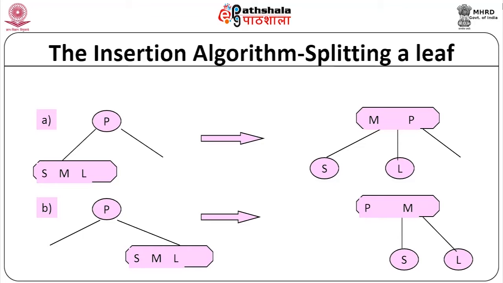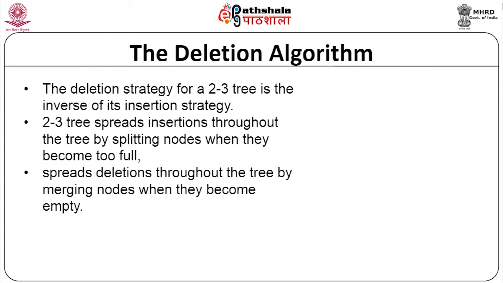No violation of property, done. The next case you have is a right child. Here also no problem because the original parent had only 2 children or 1 value, now you have got it to have 2 values and 3 children, fine. M moves up, but M is placed to the right of P, that is the only difference. So, this is splitting the leaf, cases A and B.